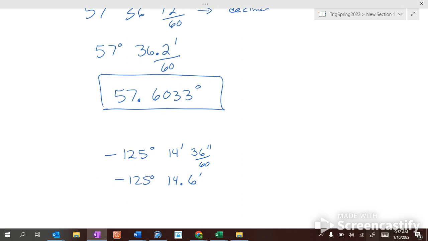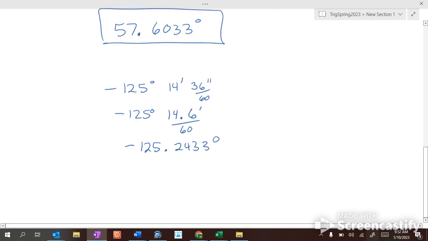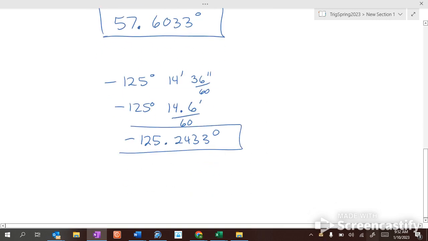And then you take the minutes and you divide by 60. So it's negative 125 point, what? 243, give me one more decimal point. 2433 degrees. Okay? So that is changing from degrees and minutes and seconds to decimal degrees.